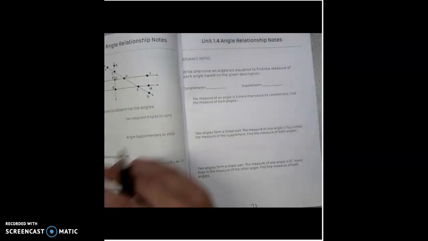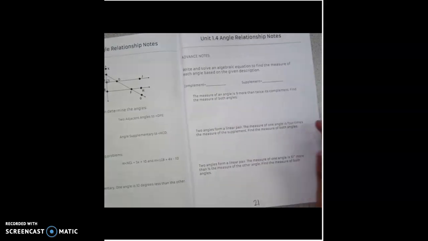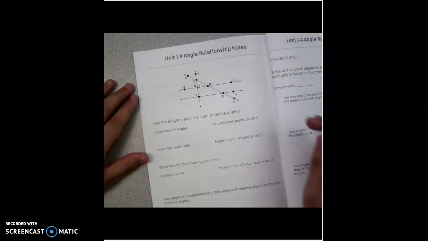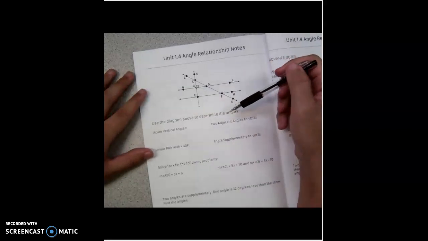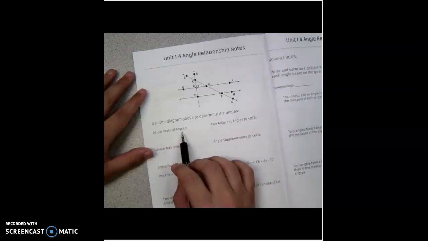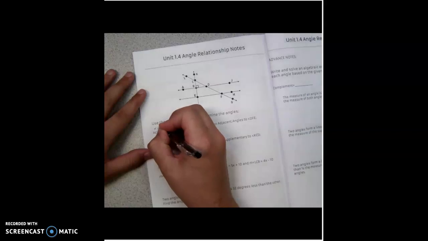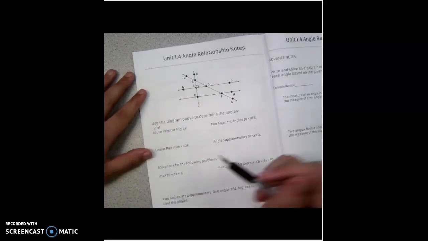Okay, now let's talk about how we use this in our assignment. Using the diagram above here, we're going to determine some angles. So we need acute vertical angles, and if you remember, acute means less than 90. And we need vertical angles, so we need to find where the lines intersect.